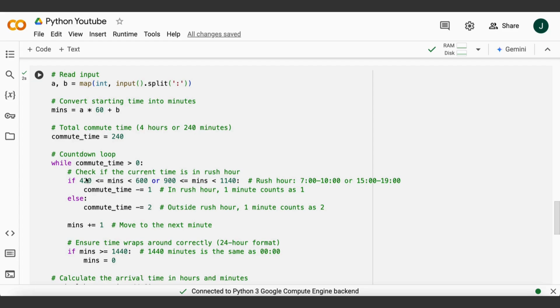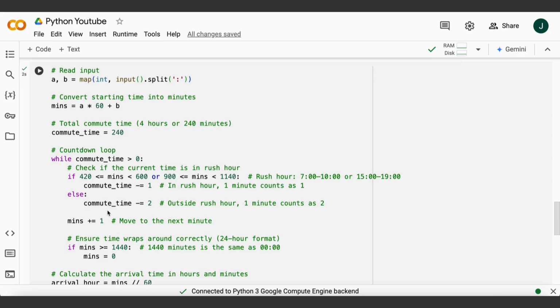So if the current time is rush hour, then I'm going to minus 1 each time, or minus 1 for each minute, okay. So I'm basically doing a countdown, and the rush hour is between those hours described in the problem, okay.